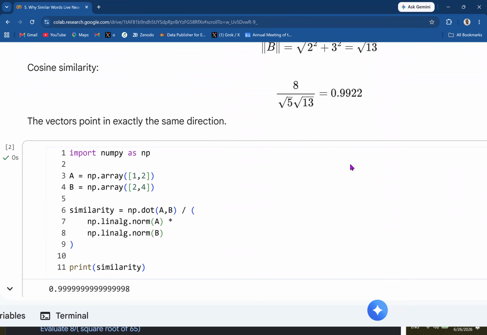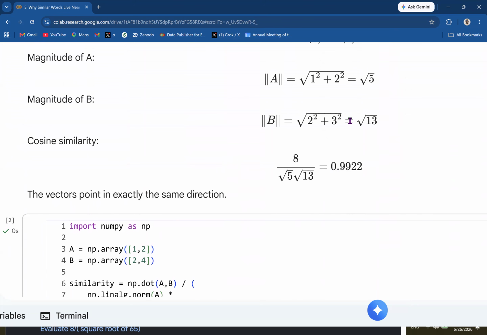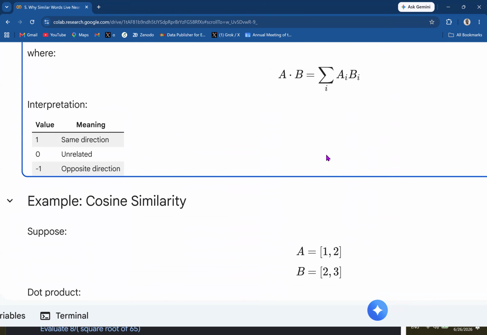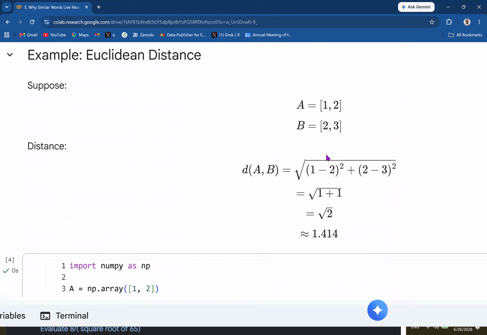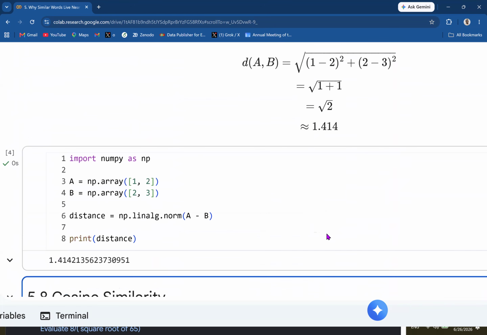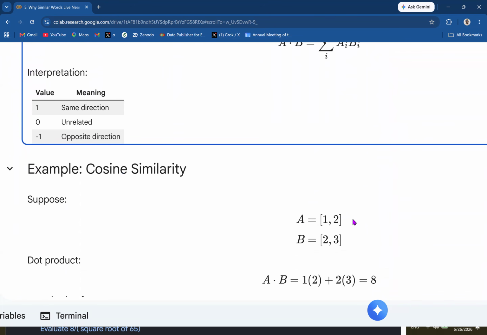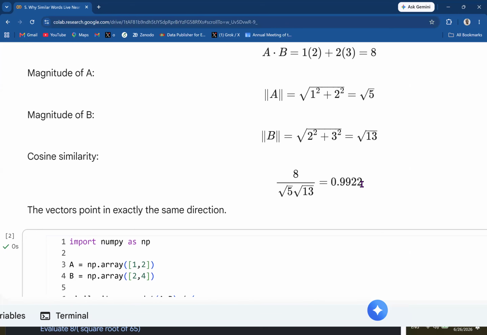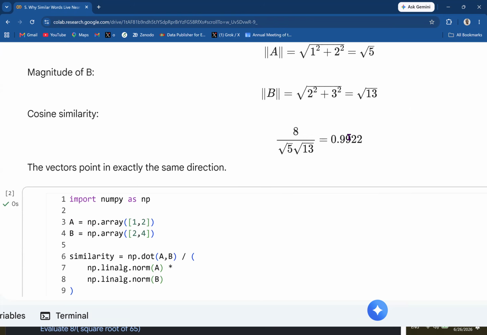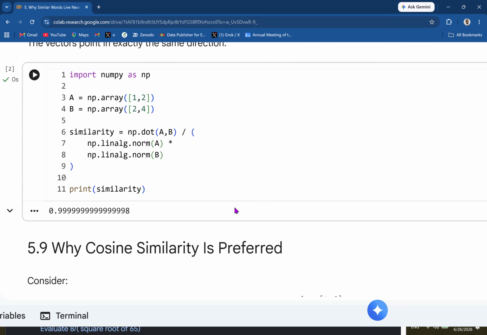The Euclidean distance just gives us the magnitude of the distance, that's 1.414. But cosine similarity talks about direction. And here, since 0.9922 is close to 1, it means that both vectors A and B are in the same direction. So they are very similar.